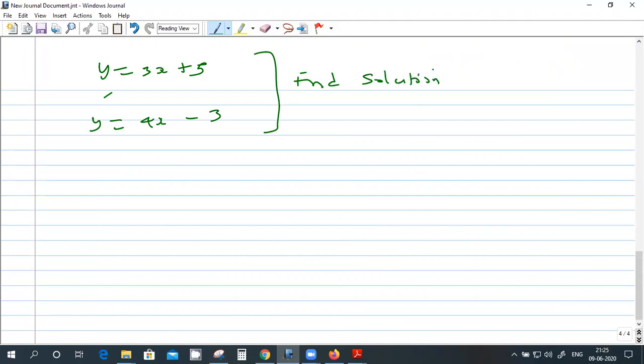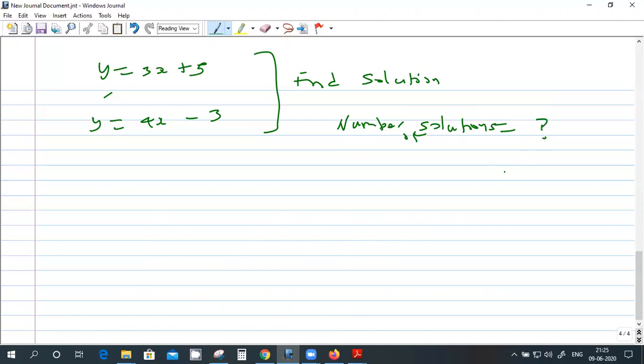So we have to assume the value of x or y, either y or x. So number of solutions is how much? 1, 2, 3, infinite. Here it might be infinite or 1.